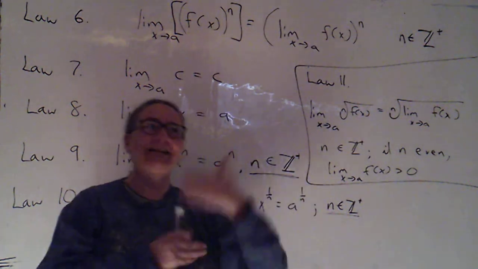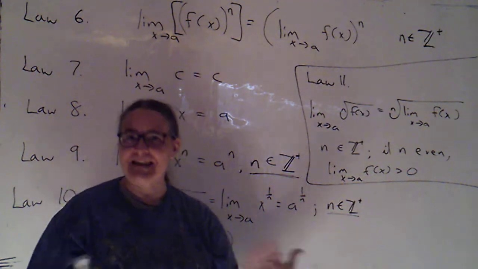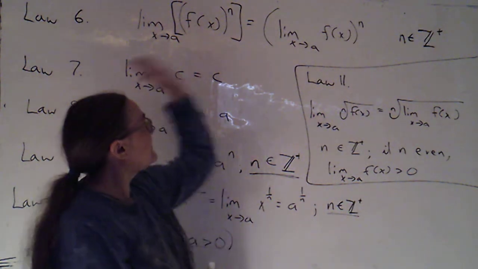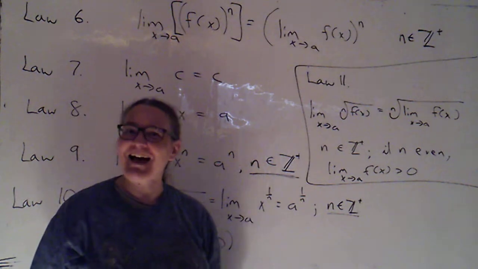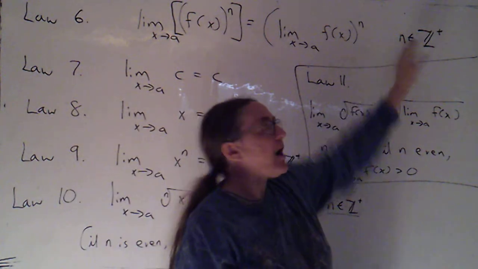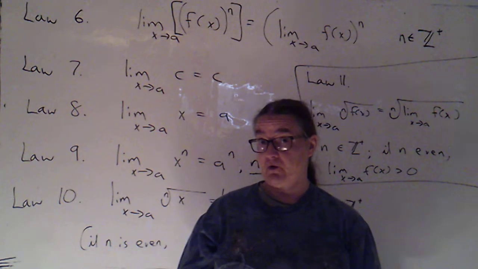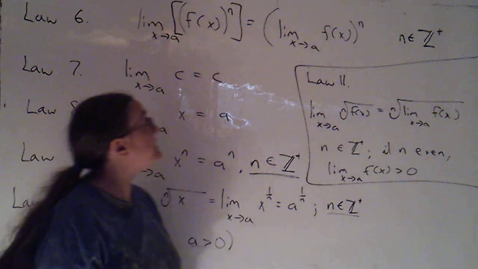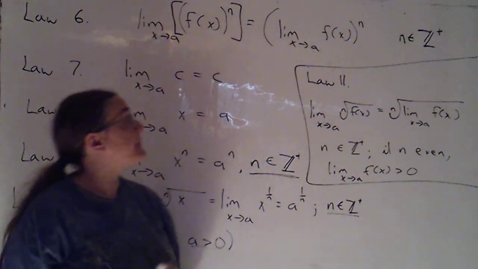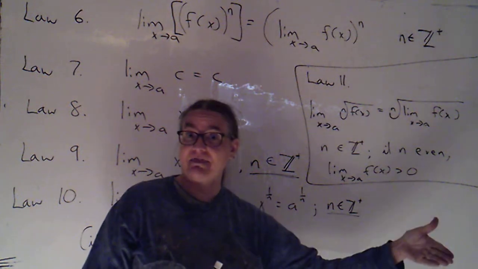So I know I can't take the reciprocal of 0. I know I can't take an even root of a negative number. But if this doesn't lead to nonsense like that, then it's going to work. The book is just telling us this for positive integers because at this point they can explain why that's true. If n is a positive integer, then raising something to the nth power is just multiplying together n factors of that thing.